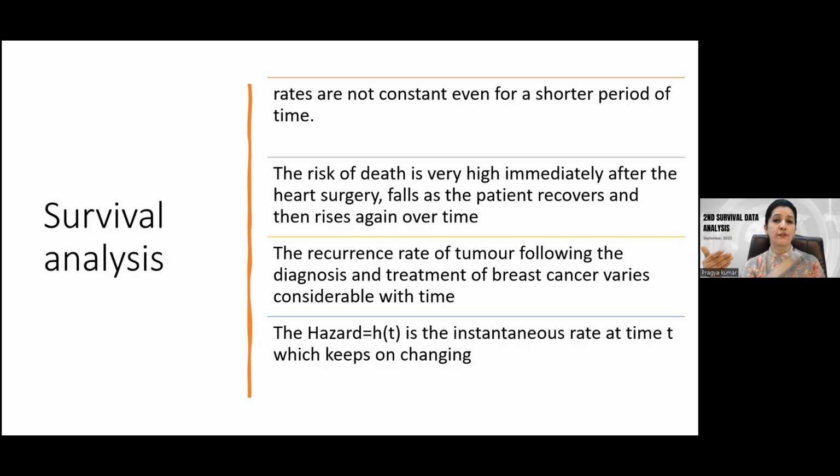In the case of a copper T, will you say that the risk of expulsion of the copper T will be the same for 5 years? What is your opinion? If you do a survival analysis, you will see that this risk is most common in the early part, maybe the first 6 months, maybe the first 1 year.